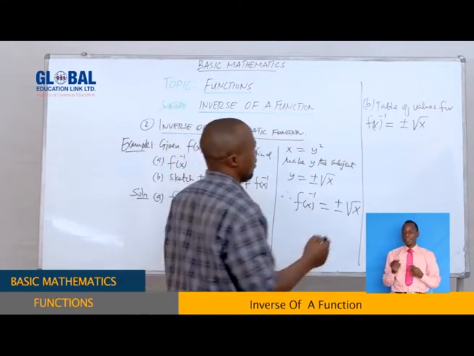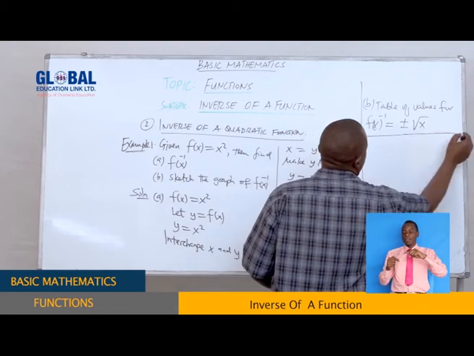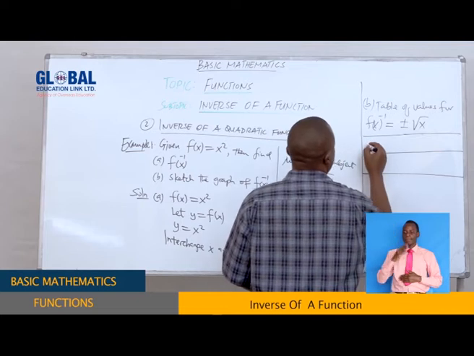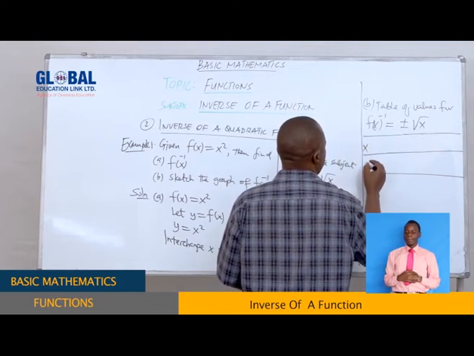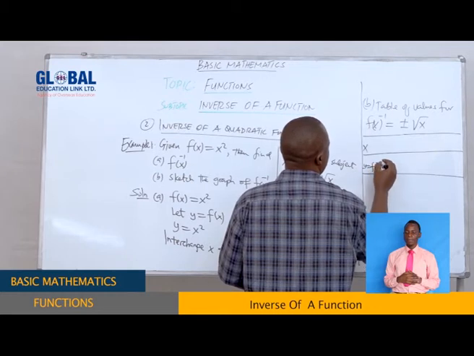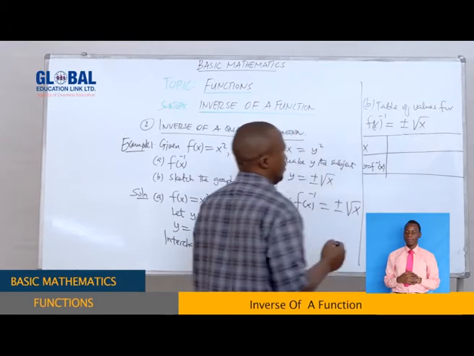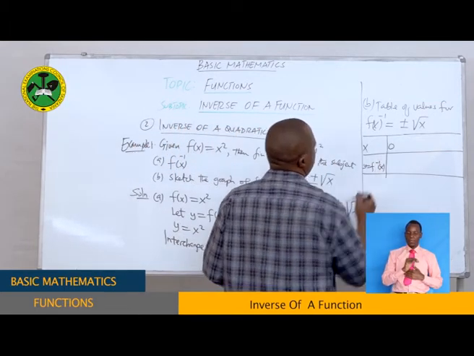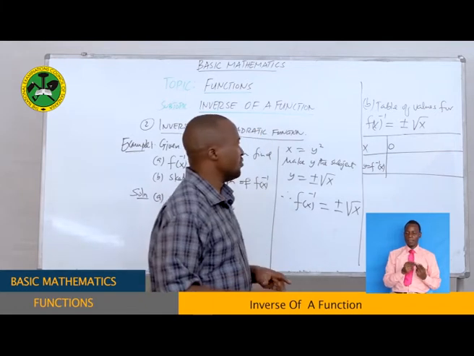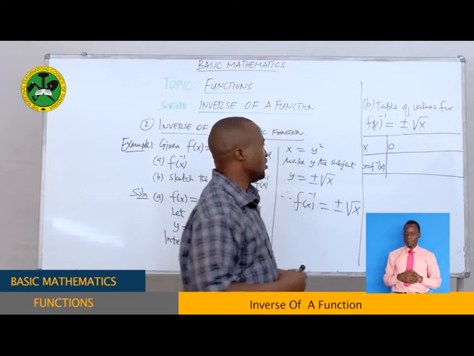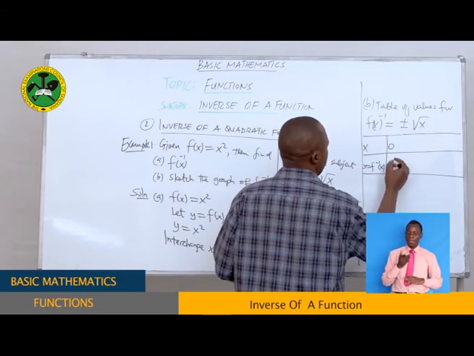So in this case, prepare a table like this. It is x, and y is equal to f of x inverse. So starting with 0, the square root of 0 is 0. So that is 0.